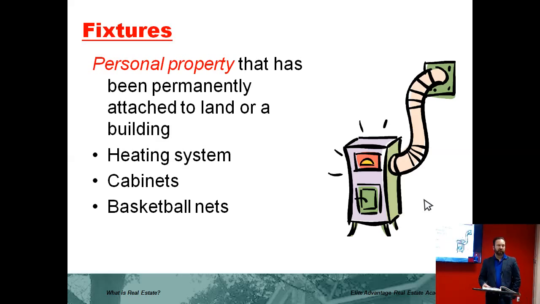Now, personal property that has been permanently attached to the land or the building would be considered, we talked about some of them, the heating system, cabinets, basketball nets that are permanently attached by way of cement and so forth. An article that was once personal property but has been so attached to land or to a building that it is now considered to be part of the real estate is a fixture.